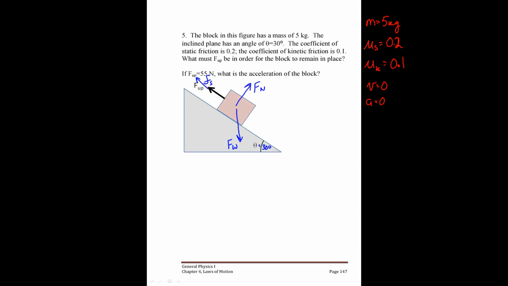I can draw in my axes. With an inclined plane, it's always best to do your axes along these planes of the incline. And that makes this angle right here be 60 degrees. All right, if you blow up that section, let me just sketch this out.